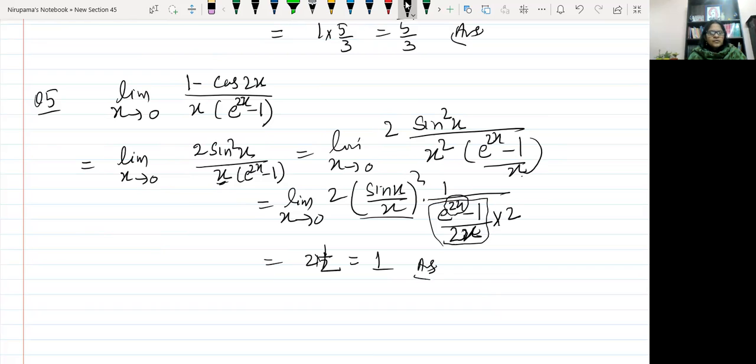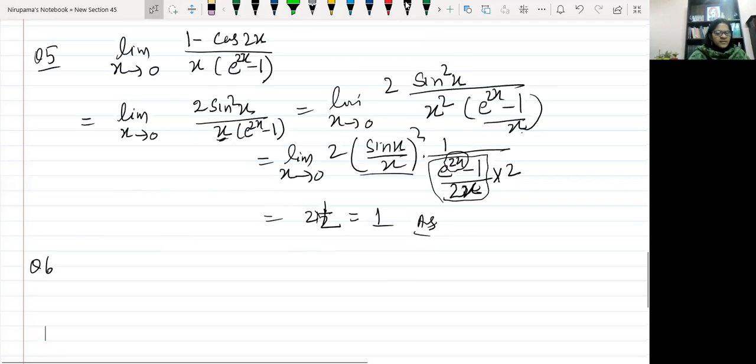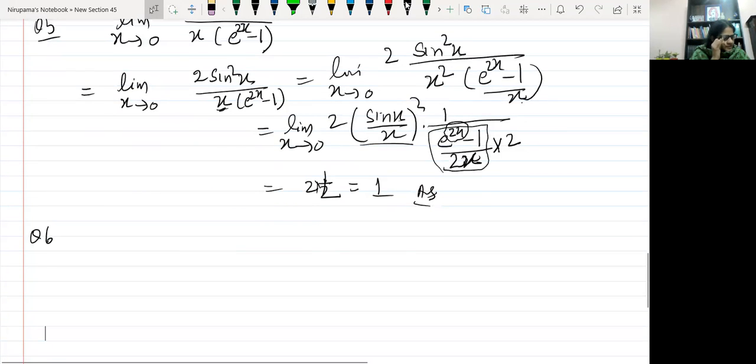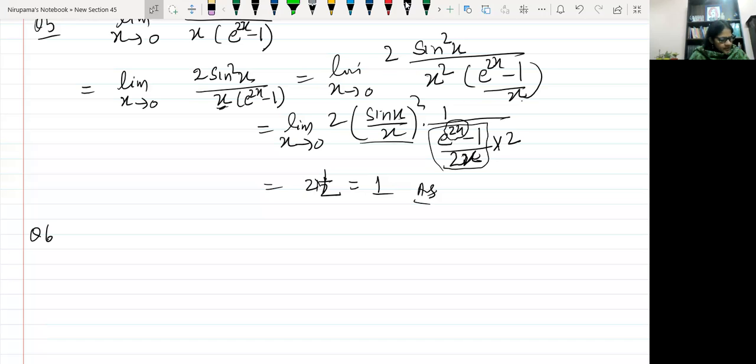Quickly, question number 6. If you have such questions, I can take this one more simple question. Suppose you have 5 to the power x minus 1 divided by x, limit x approaches 0.